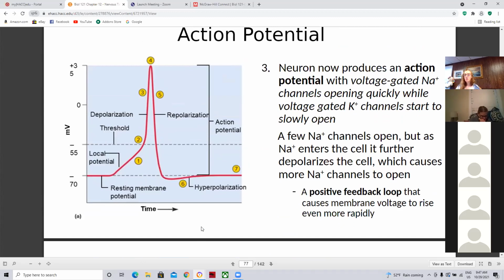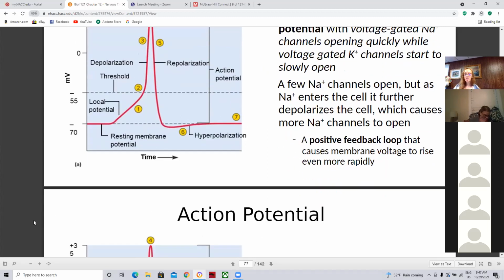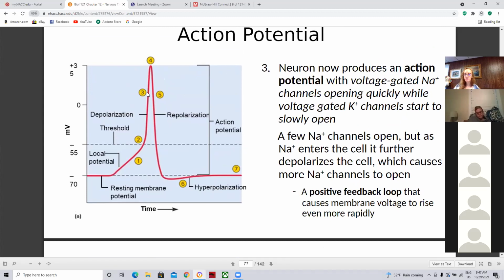A few sodium channels will open, but as they open, they're going to cause more of the membrane to reach the threshold potential of minus 55 millivolts, causing more sodium channels to open. So this is a positive feedback loop where some sodium channels open, and the voltage is more easily reached to threshold. And so it's a quick swing of a depolarization.